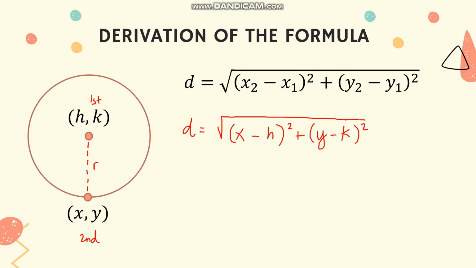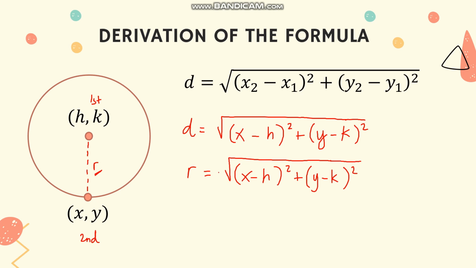Now, d represents the distance from (h, k) going to (x, y), or this is simply r. So we can replace d with r, and write r = √((x − h)² + (y − k)²). To remove the square root, we can square both sides.